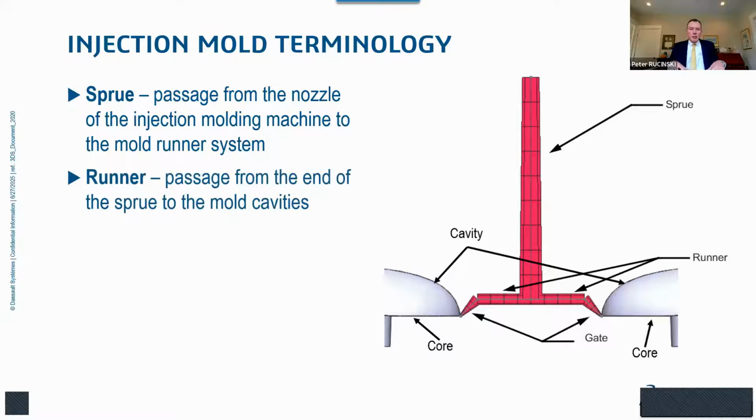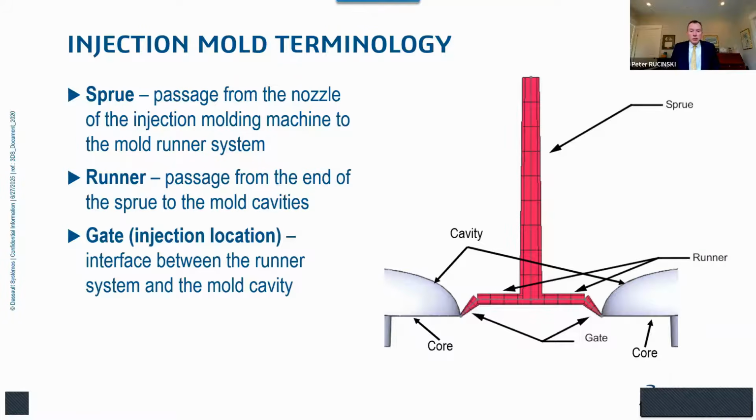The sprue then connects to the runner system. You can have primary runners, secondary runners, tertiary runners, and so on. The runners basically connect the sprue to, let's say the runners get very close to your mold cavities. The runners then interface to what we call the gate, right?